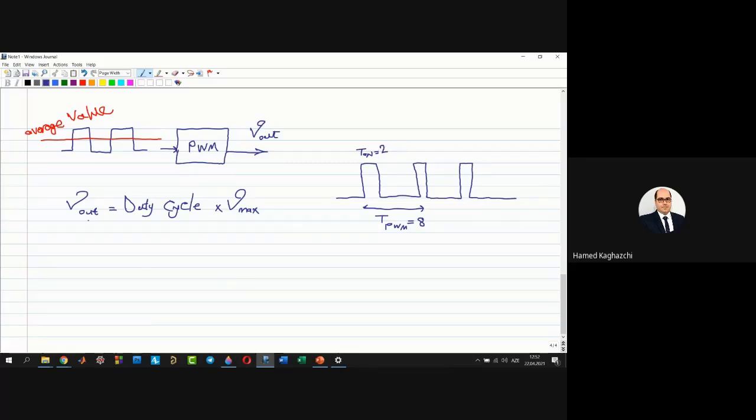What is the V out or V average of this signal? First of all, I have to calculate the duty cycle. I know that duty cycle is T on divided by TPWM. Duty cycle is 25%. Exactly.